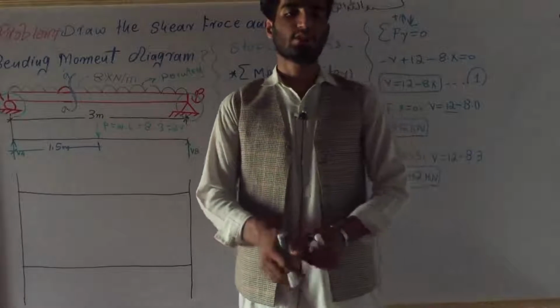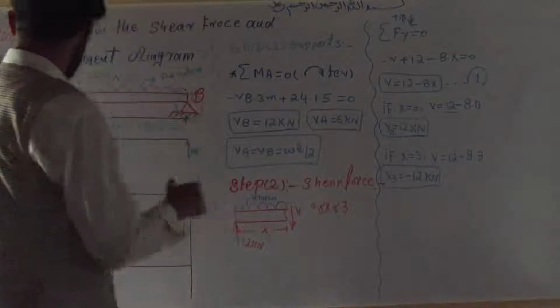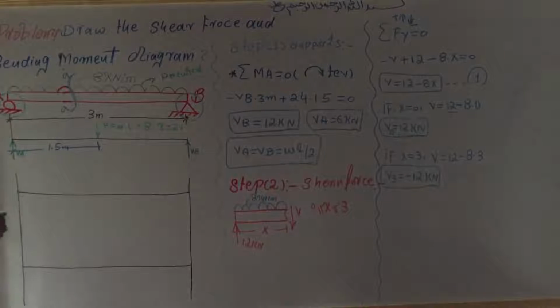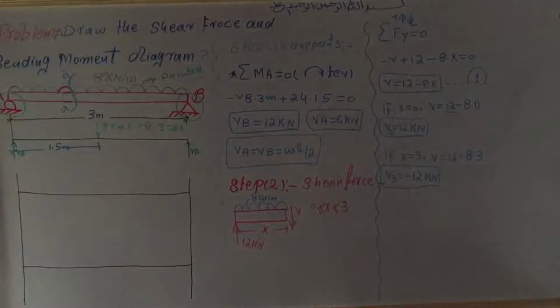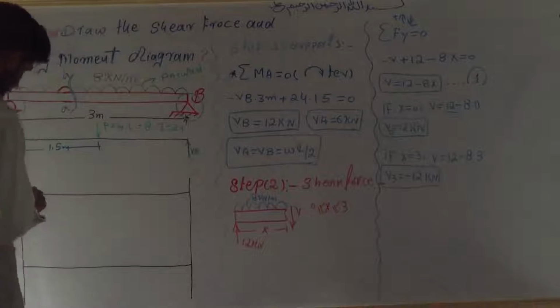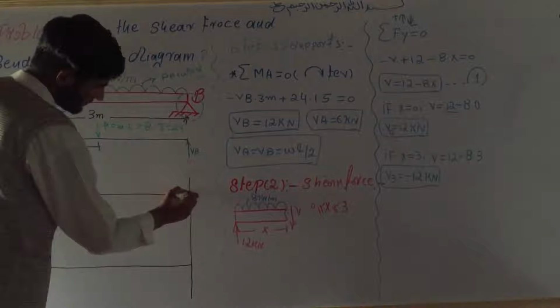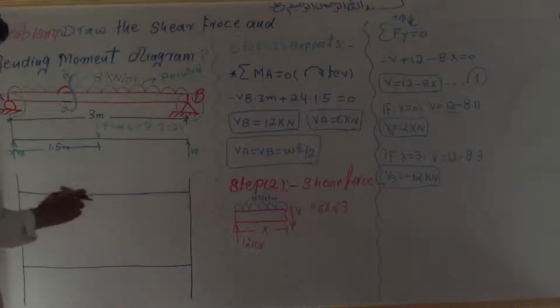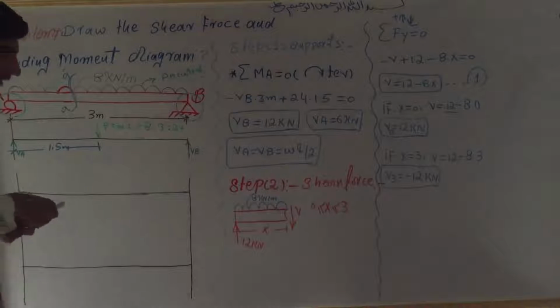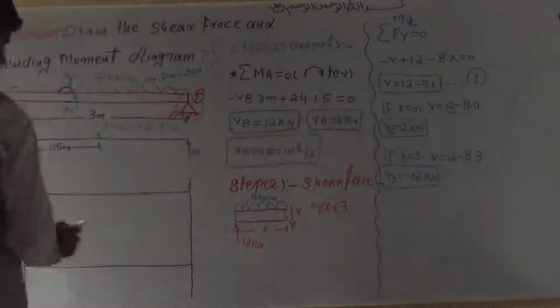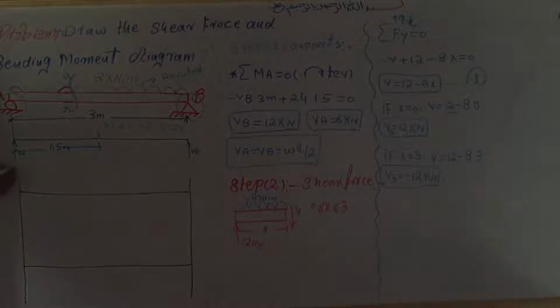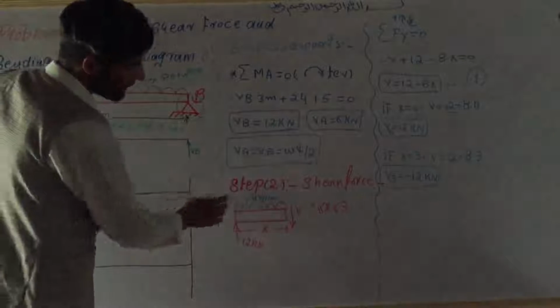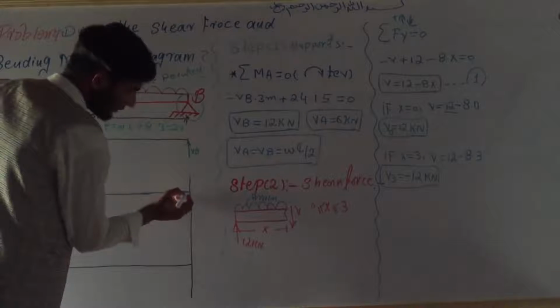I will show it here. In this diagram, at 0 we have 12 kilonewton shear force, and at 3 we have negative 12 kilonewton.